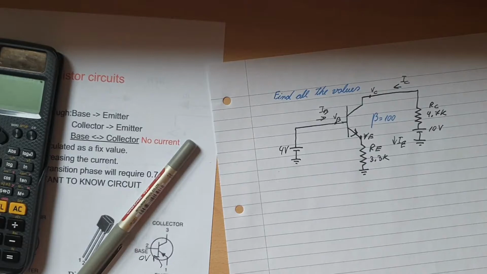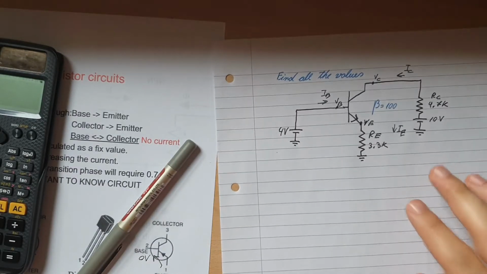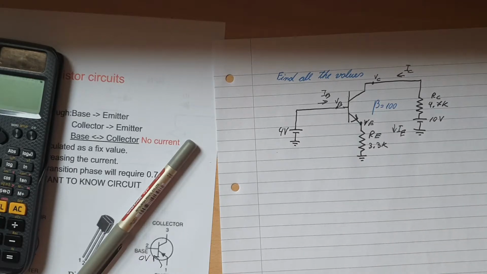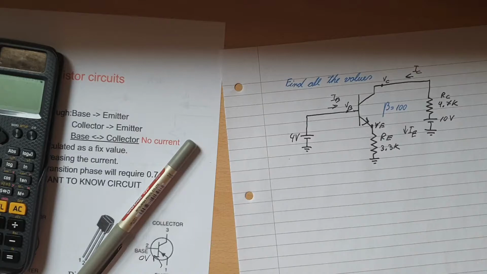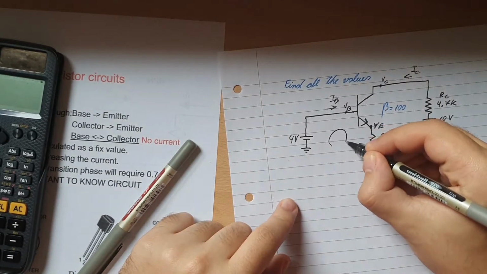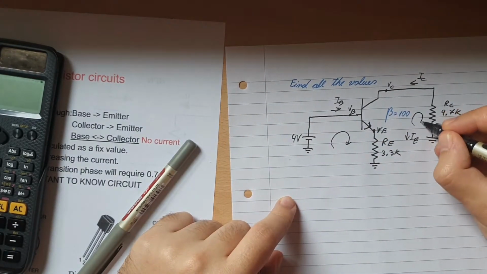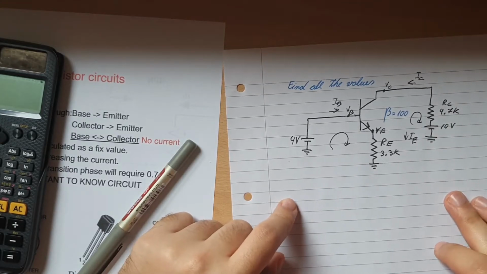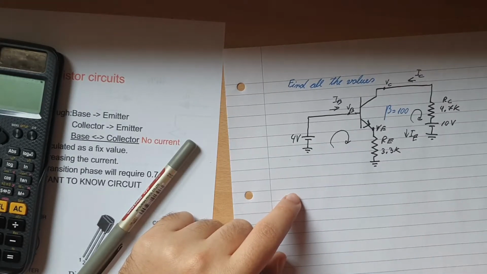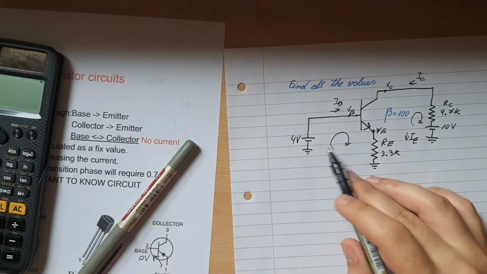Okay, alright. Now, let's see. How do we start? Well, we can start with the loops, like usual. So one loop here, and one loop here. Okay, and we just apply our method.